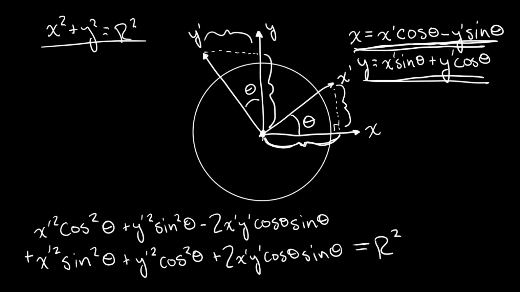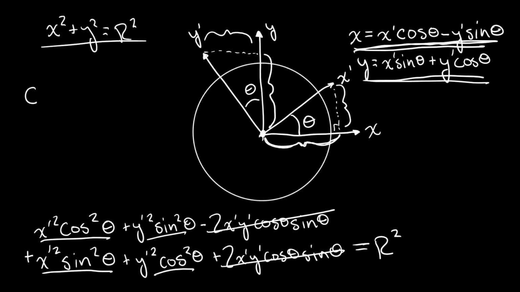So now, immediately we see that this term and this term cancel. They just go to 0. And now I have one term with an x prime squared times a cosine squared, a second term which is x prime squared times sine squared, and same thing for y.